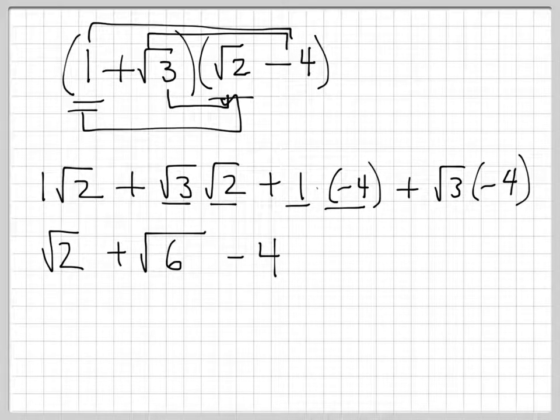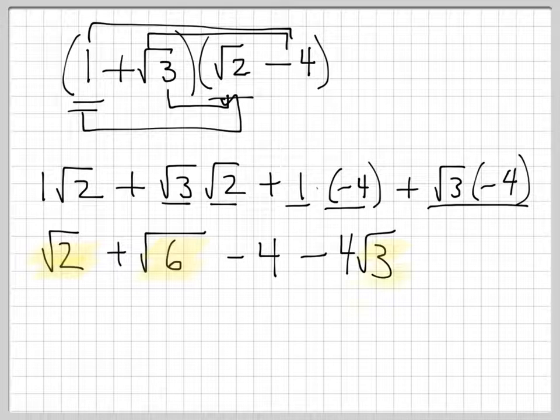And radical 3 times negative 4 is minus 4 radical 3. Now, what we have going on here is radical 2, radical 6, and radical 3 actually have nothing in common. So none of these can be combined. And since none of them can be combined, all of this is just stuck the way it is, and this is a good final answer.